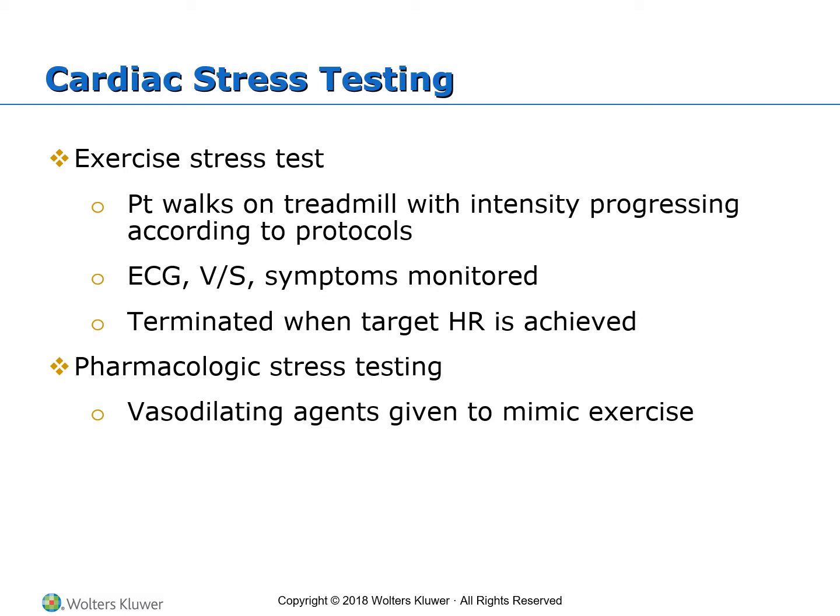They'll do it with you not moving at all, and then they do it with the patient doing a slow walk, and then they'll slowly increase the speed and the intensity on the treadmill to see if they get any kind of a reaction. If they reach the target heart rate and don't have any adverse effects, they'll stop it. They will also stop it if the patient starts to become symptomatic or can't tolerate the stress test.